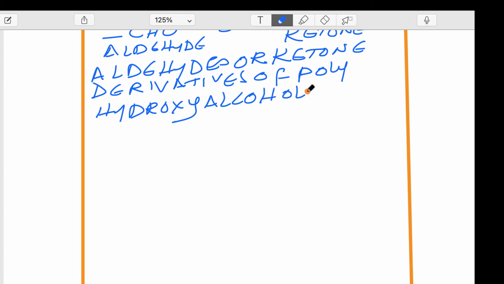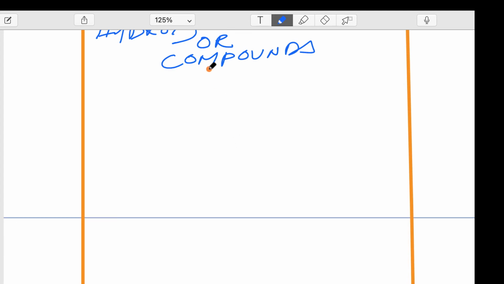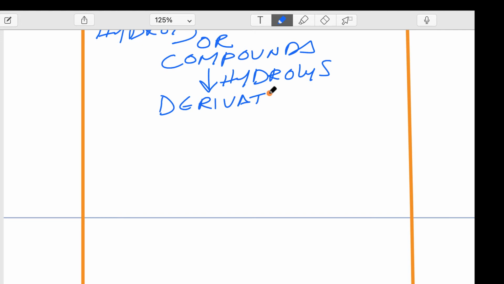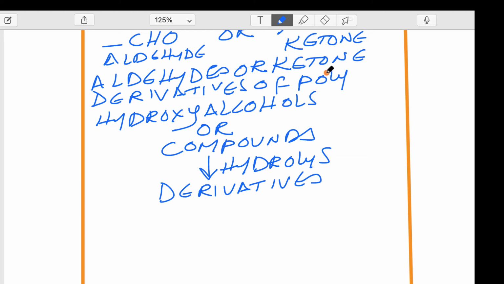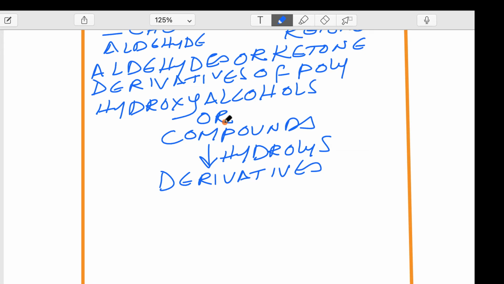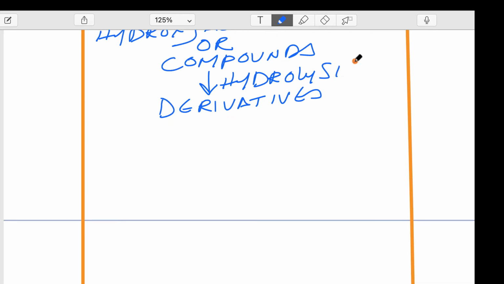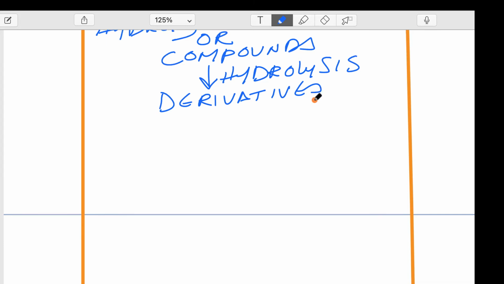So aldehyde or ketone derivatives of polyhydroxy alcohols, or in another way we can say compounds which, when put under the process of hydrolysis, give derivatives. Basically, carbohydrates are defined as aldehyde or ketone derivatives of polyhydroxy alcohols, or those compounds which on hydrolysis form such derivatives. They also can be included in the section of carbohydrates.